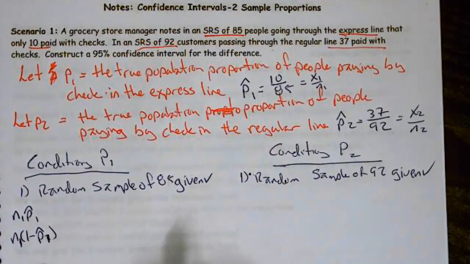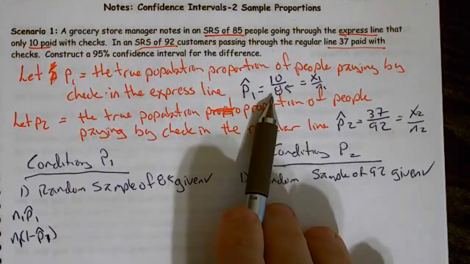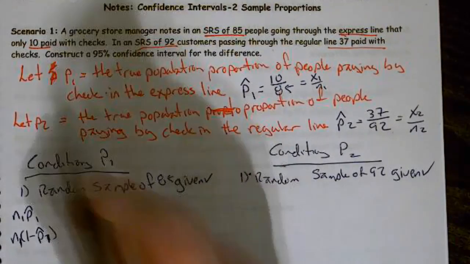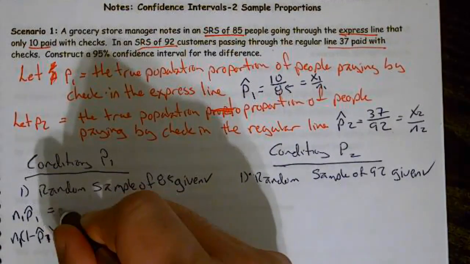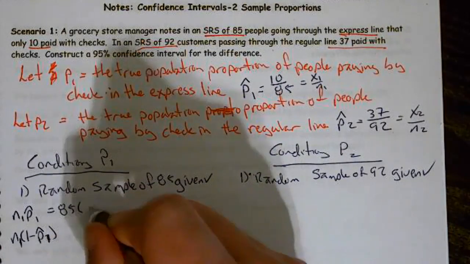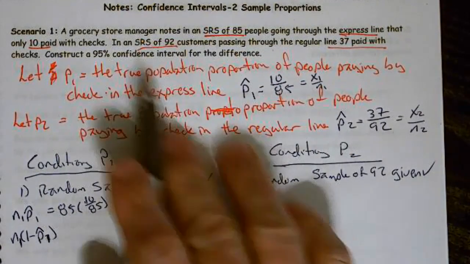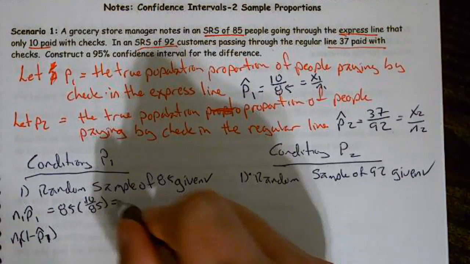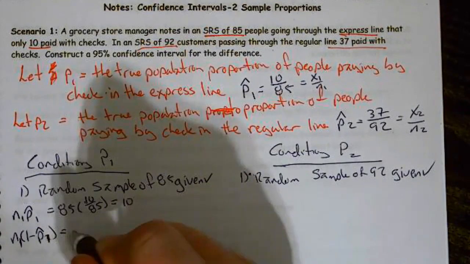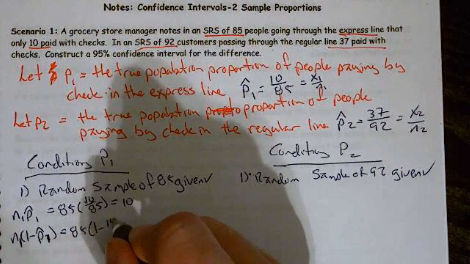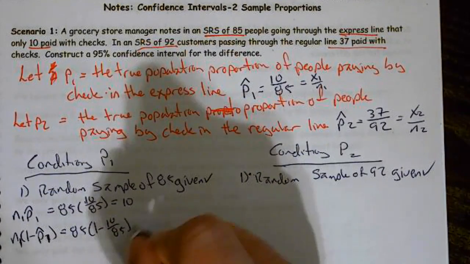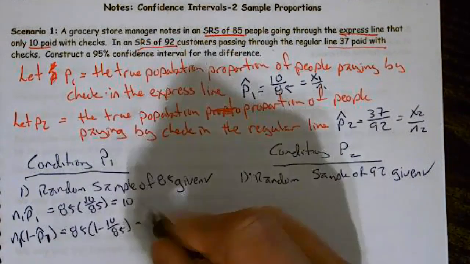So in this case, our sample size n is 85, equals 85 times 10 over 85. Well, guess what? That happens to equal 10. And this is going to be 85 times 1 minus 10 over 85. And when I solve that, I end up getting 75.